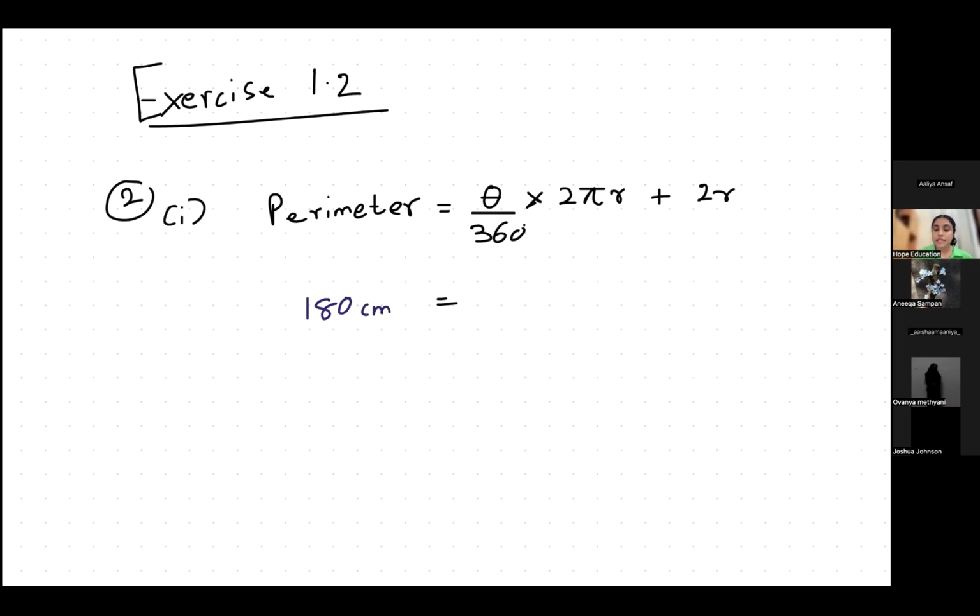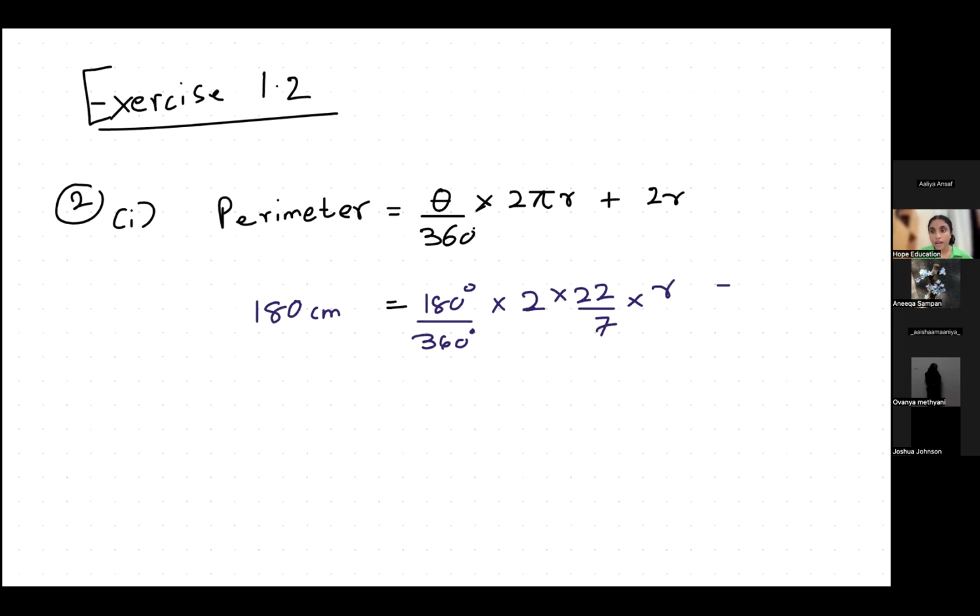Theta is 180 degrees divided by 360 multiplied by 2 multiplied by pi, which is 22 over 7, multiplied by r. We don't know the radius, so I will keep r as it is. Plus 2r. Again r I don't know, so I will keep it as it is.